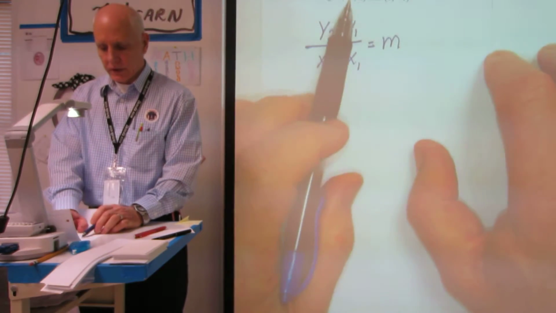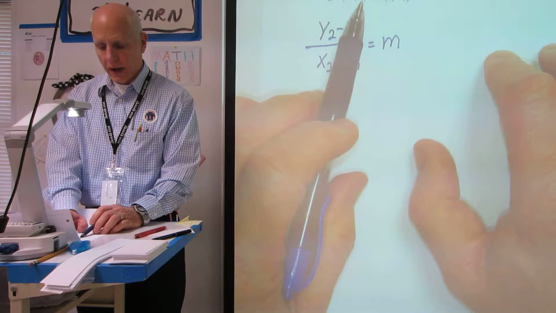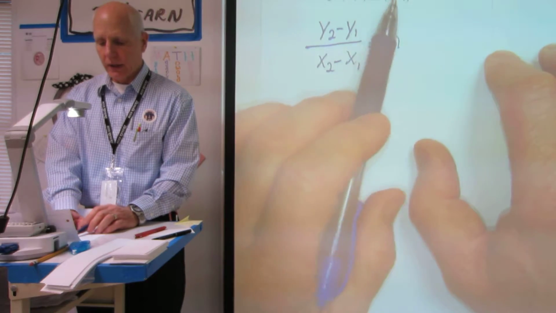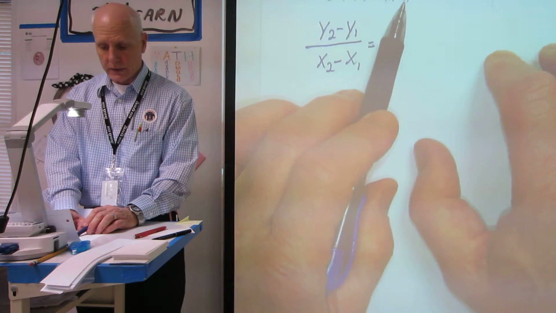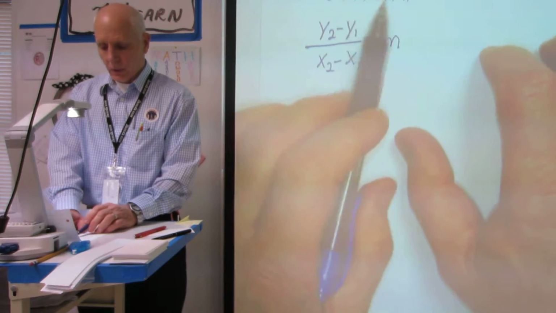We'll just go ahead and call this one the x1 and y1 coordinates, and the x2 and y2 coordinates. So we'll start with this side.